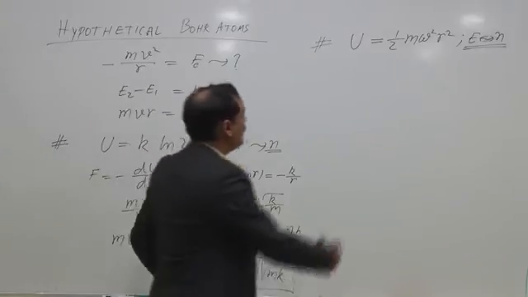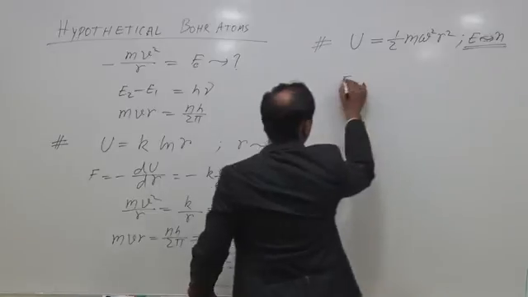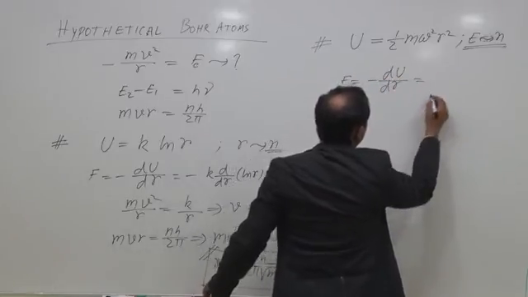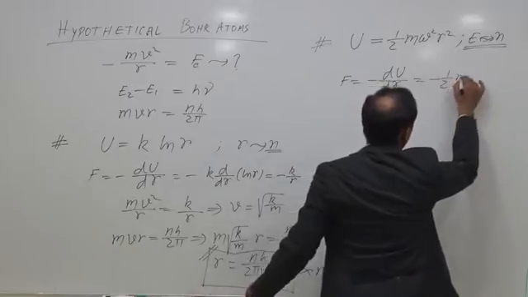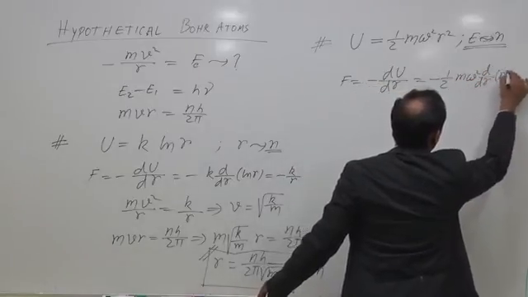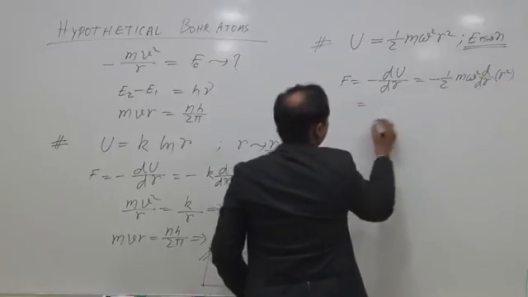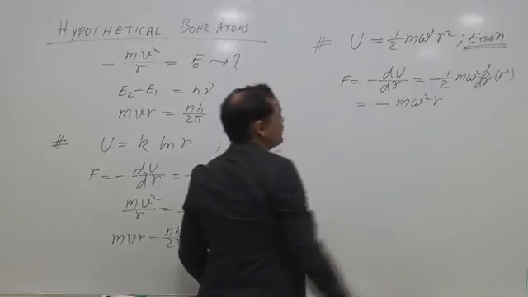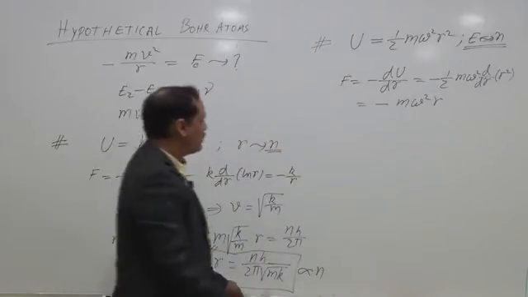Same as before, this is U, so the centripetal force is minus dU by dr of half m omega square r square, that is equal to minus m omega square r. This is the centripetal force.